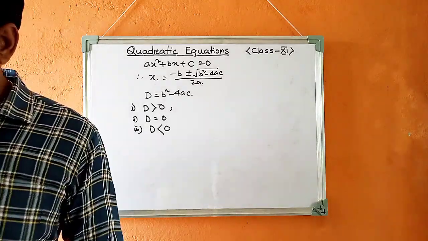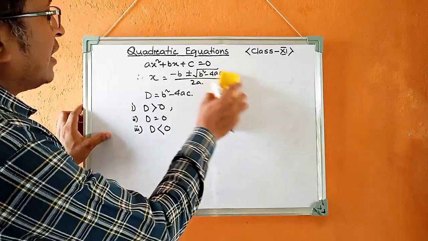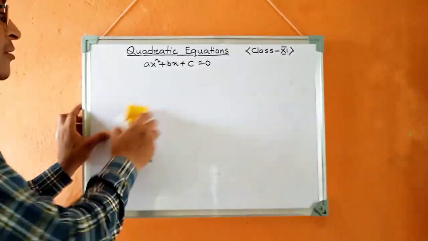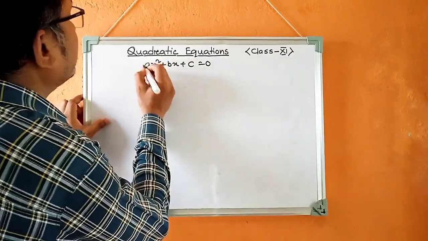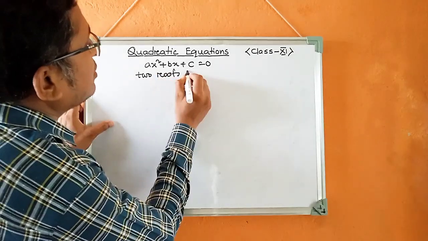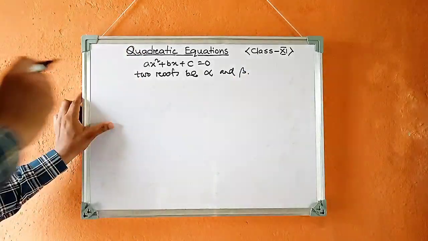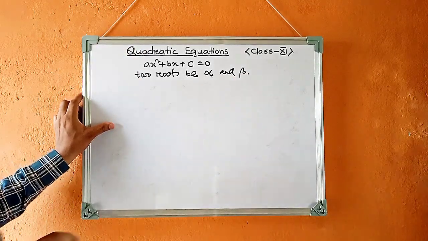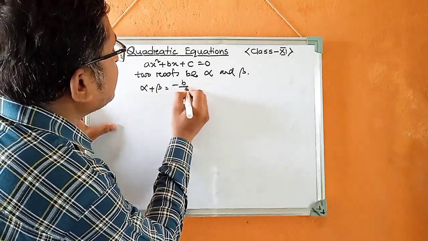Now let's see the relation between the roots and the coefficients of this equation. If the two roots of the equation ax square plus bx plus c are alpha and beta, then the sum of the roots, that means alpha plus beta, is equal to minus b divided by a.